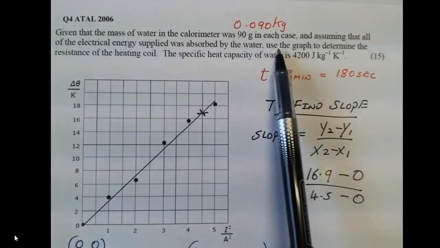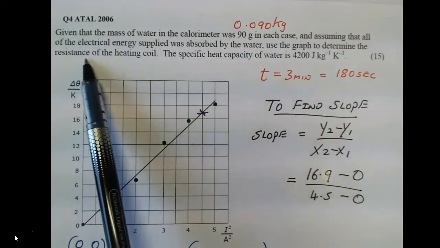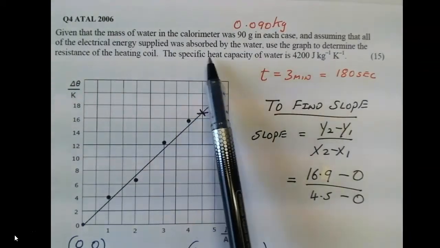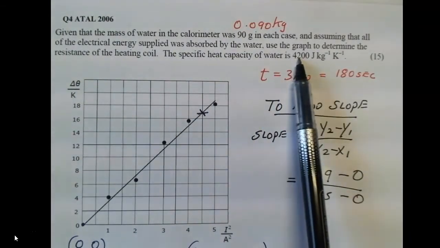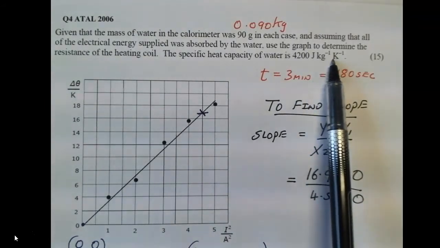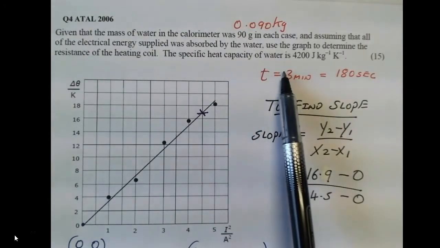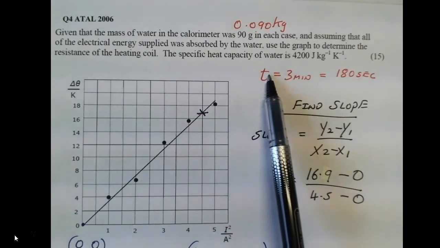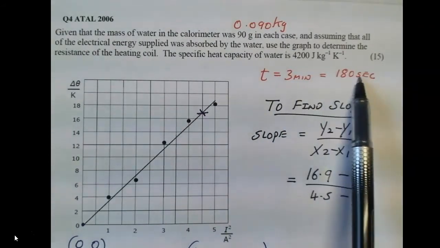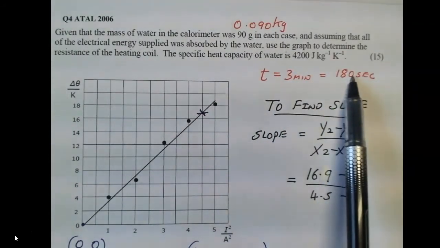Makes the question a bit easier. Use the graph to determine the resistance of the heating coil. The specific heat capacity of water is 4,200 joules per kilogram per degree is given, and we were told earlier that the time that current flowed in each case was 3 minutes, which I brought to 180 seconds.